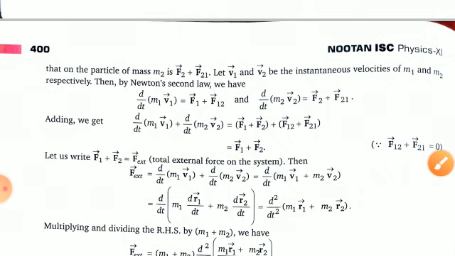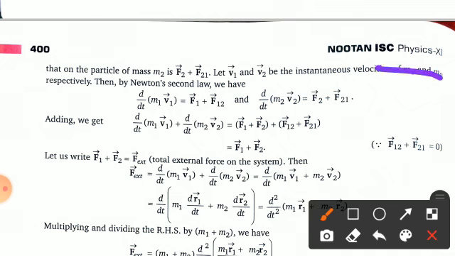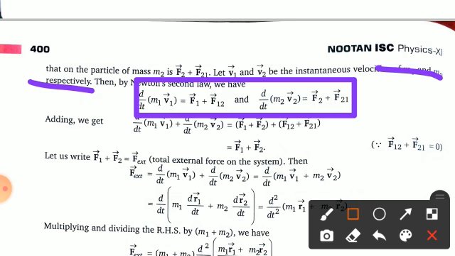Let v1 and v2 be the instantaneous velocities of masses m1 and m2 respectively. Then by Newton's second law, d/dt (m1 v1 vector) equals F1 vector plus F12, and d/dt (m2 v2 vector) equals F2 plus F21.